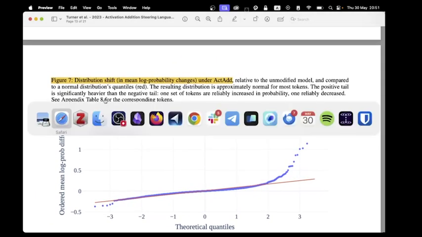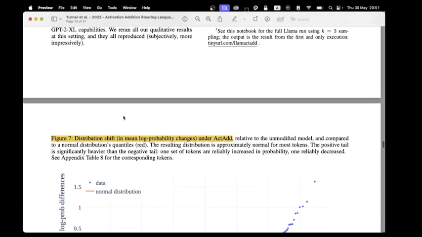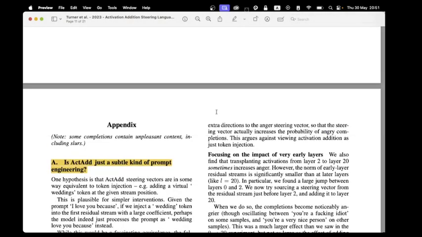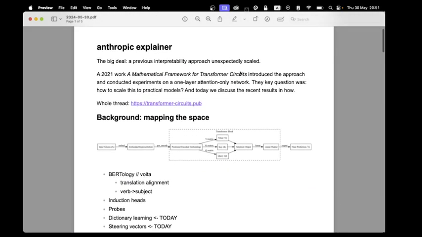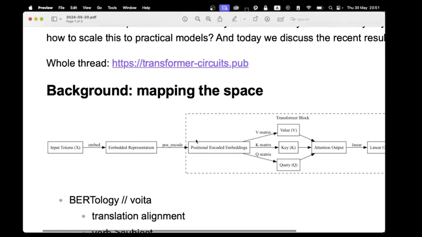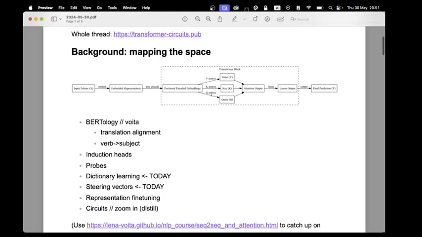Okay, so let's do a recap and then take a break. A recap of what we just talked about for like 50 minutes. We talked about the different ways to do interpretability on transformers, and one thing I didn't highlight is that interpretability is actually threefold. Interpretability is kind of the same as steering, because if we know where this thing is, we can patch it.